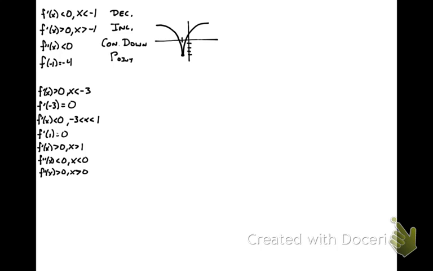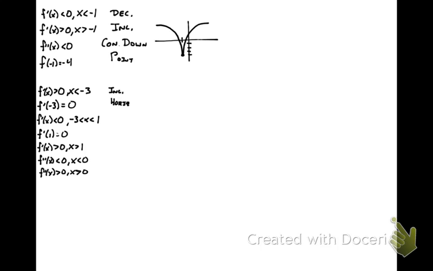For this example, we've got quite a bit of information. I've rearranged it to have a slightly different order. I'm keeping the derivative in order from left to right based on the x values. So I know the derivative is greater than 0, or positive, when x is less than -3. So my function should be increasing into -3. At -3, the derivative equals 0, so it should be horizontal there.